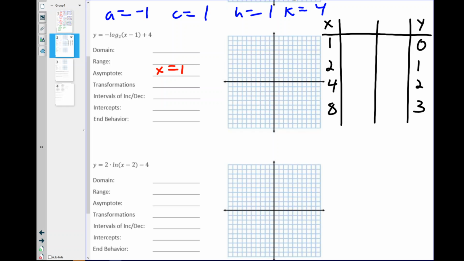Exponential functions have a horizontal asymptote at y equals k. Logarithmic functions have a vertical asymptote, x equals h. It's at h. Here, I'll even skip ahead and draw that for you. Boom. Okay, now let's do our transformations.